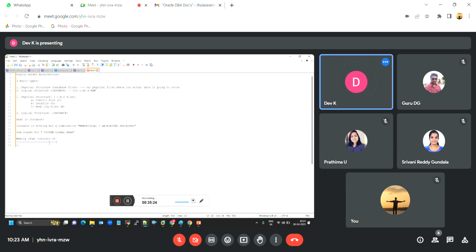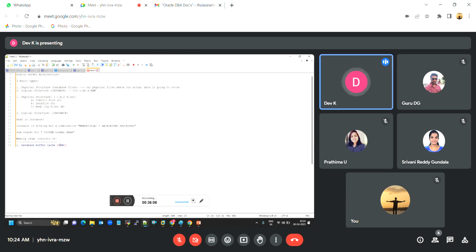It consists of memory locations like the database buffer cache. I'm just explaining the components: what are the components in our Oracle architecture, how it was designed. I'm not going deep into these things. The short form is DBBC, for database buffer cache, one memory component.